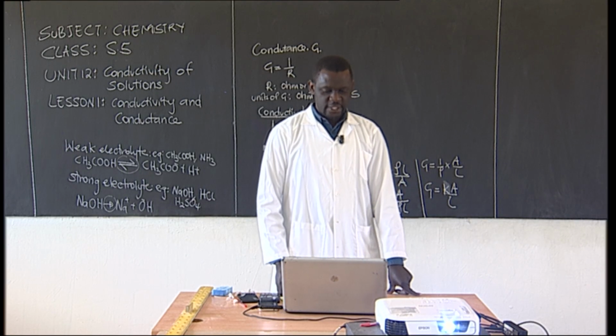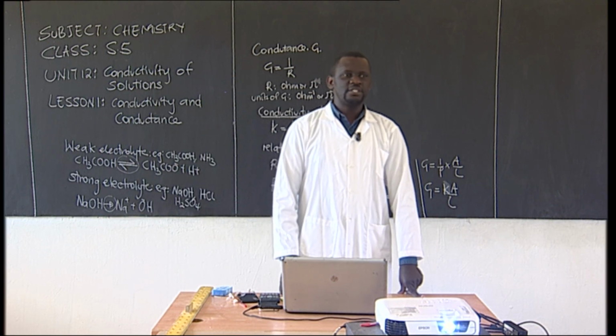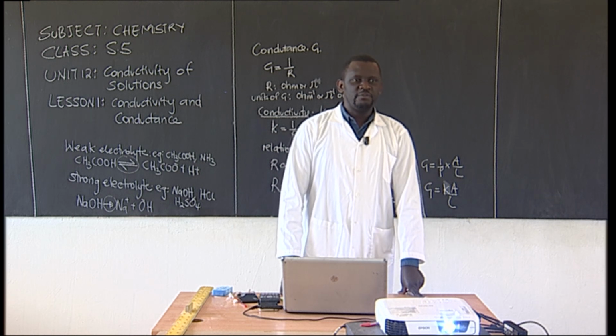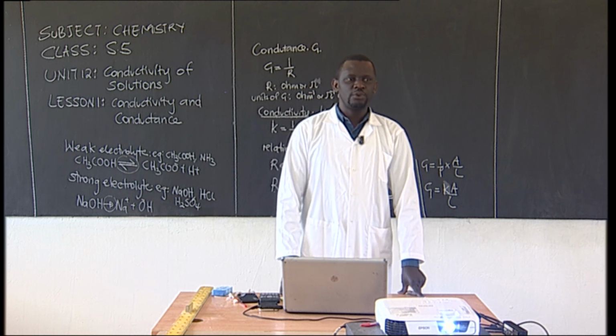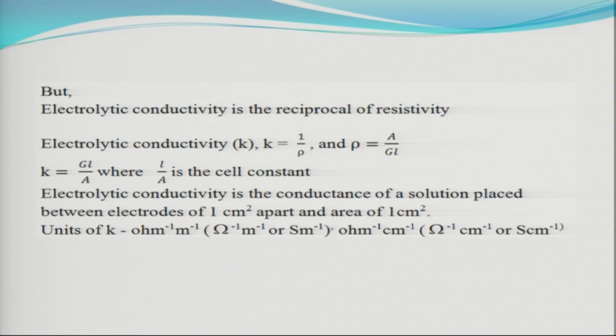So electrolytic conductance, we are going to say that 1 over L is our cell constant. So electrolytic conductivity is the conductance of the solution placed between electrodes 1 centimeter apart and area of 1 centimeter squared. So from there, we can get the units of our conductivity.